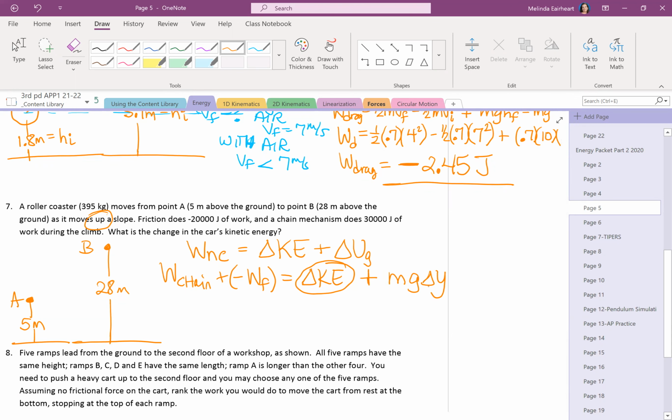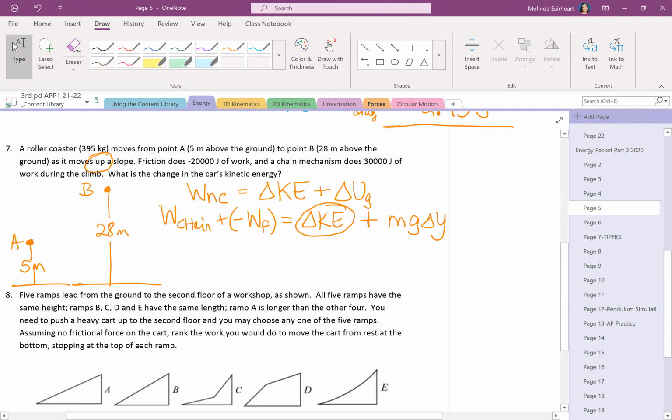And so using this version, not a net work necessarily, using the non-conservative version of the work energy theorem. The change is going to be 30,000 minus 20,000, so on the left-hand side we'll have 10,000. Change in kinetic, we'll keep.